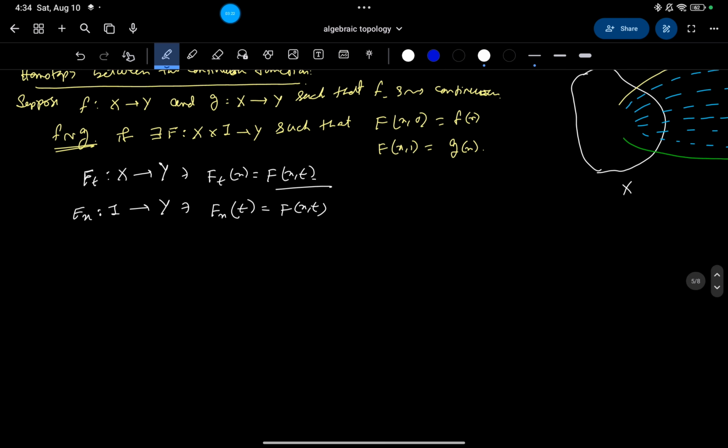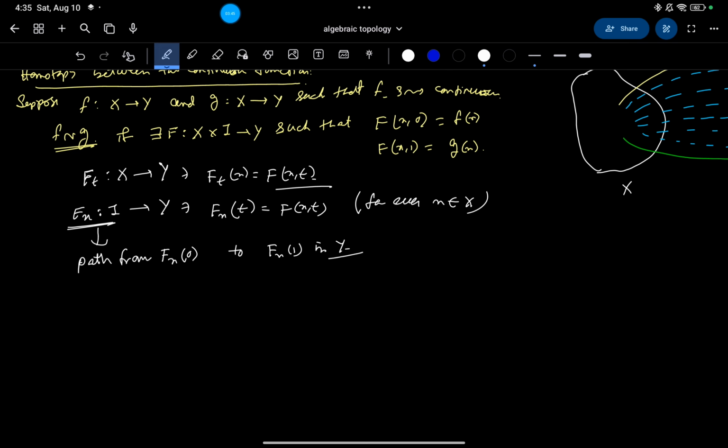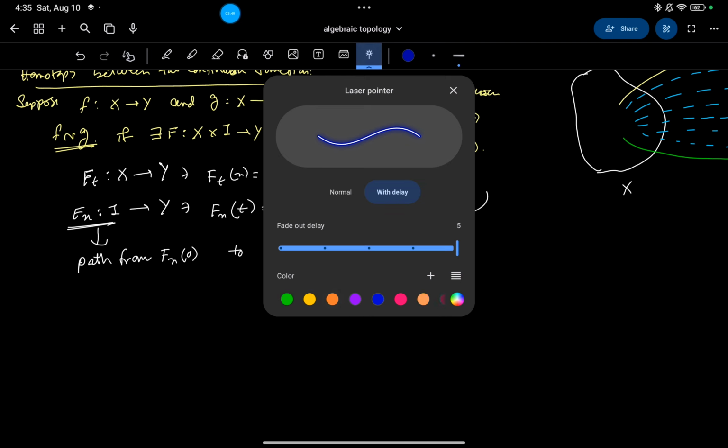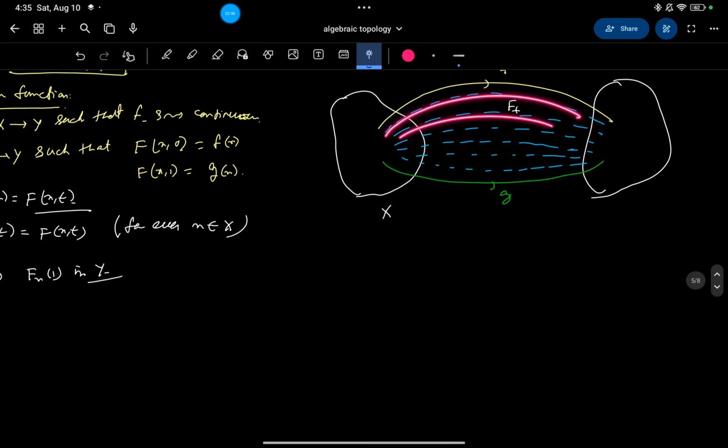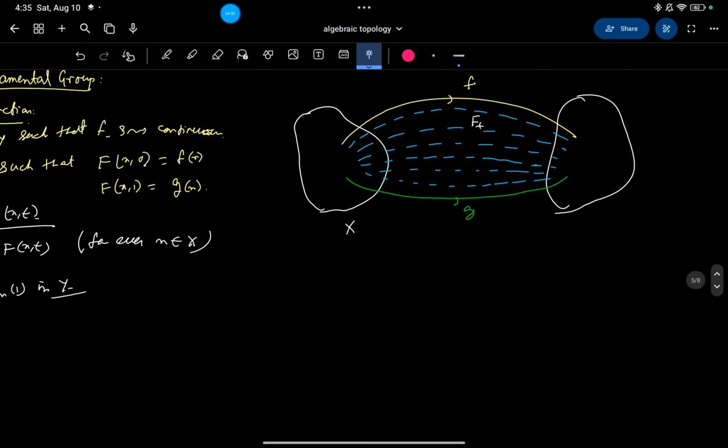This is for every small x belonging to capital X. So this f_x can be defined as a path from f_x of 0 to f_x of 1 in Y. So once you have two maps and want to define the homotopy between them, then this capital F not only gives you these intermediate threads, but also gives you some path in these topological spaces that can join the points of intermediate steps.